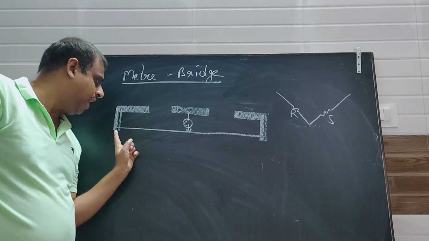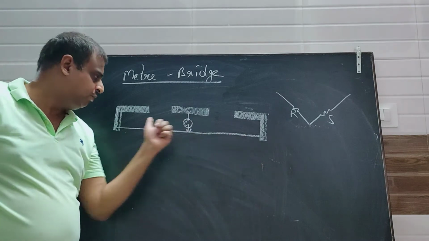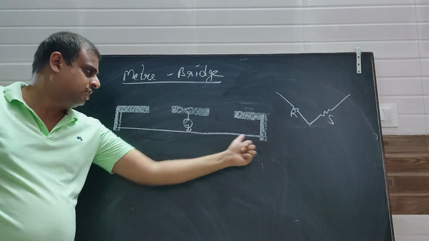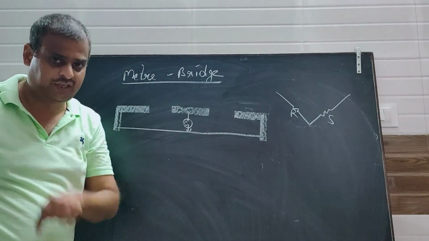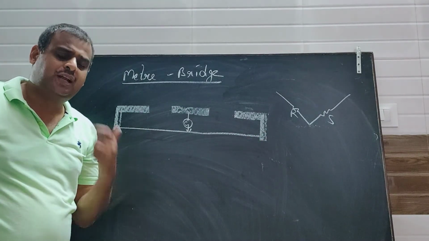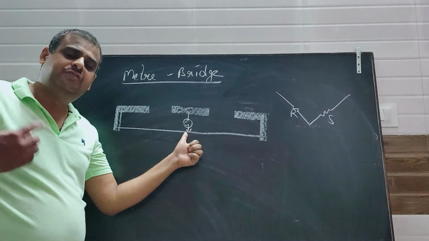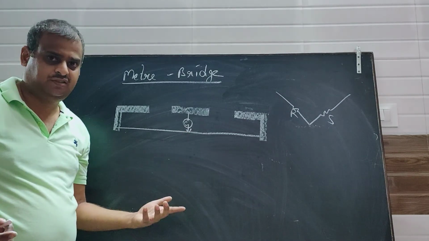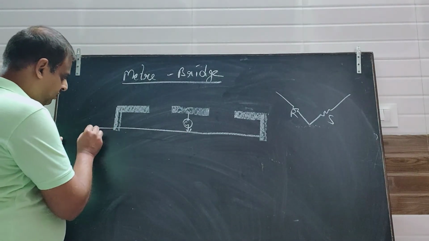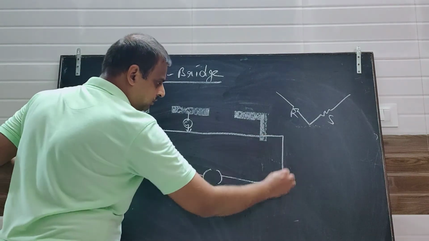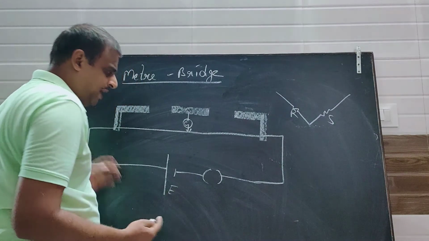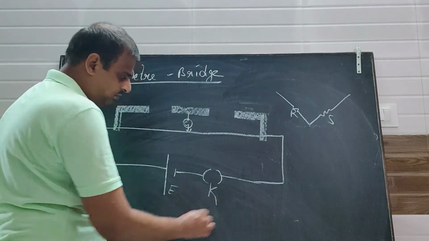The jockey is used to make connections; we can slide the jockey on this wire and find a null point. What do you mean by null point? A null point is a point where the galvanometer shows null deflection. Definitely we have to give energy, so we will give a battery or a cell, and a key.